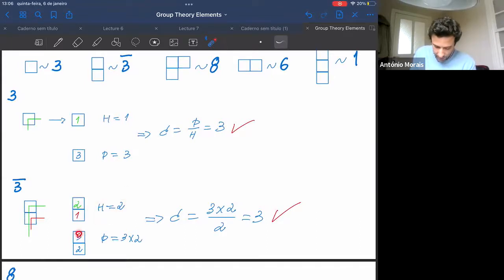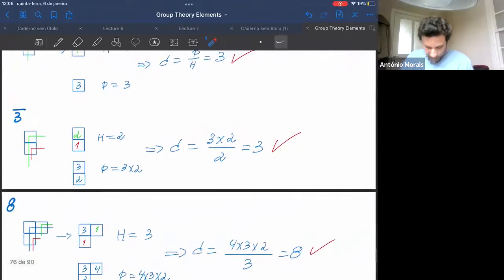Now we start with n equal to 3 times 2. So this is 3 times 2. Technically, it's not 3 factorial, but it's equal to 3 factorial. So d equals 3 times 2 over 2, P over H. It confirms. So it's 3. So the anti-triplet is also a dimension 3 representation.